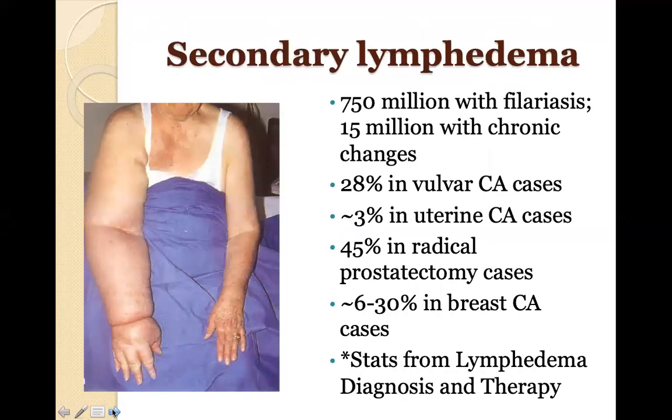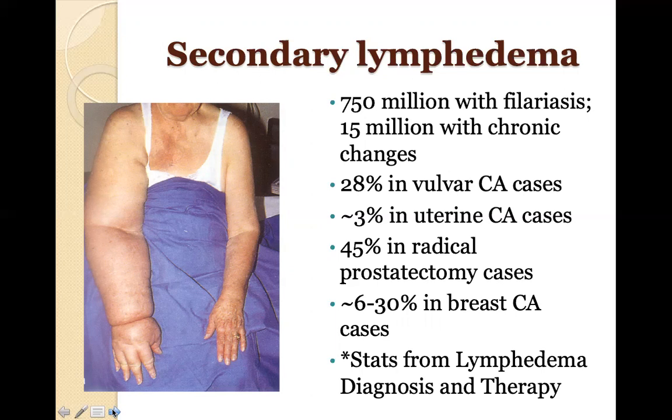Secondary lymphedema. These are some stats. Depending on the reference that you seek, you will see statistics all over the place in terms of its contribution to the cause of lymphedema. For example, that last one: in breast cancer cases, 6 to 30% of patients who have undergone breast cancer treatment end up with lymphedema.